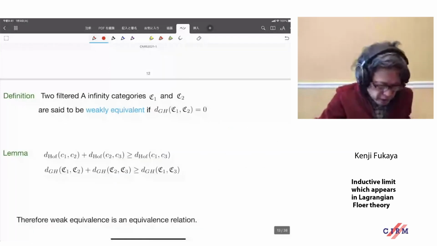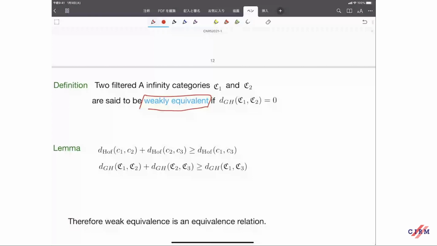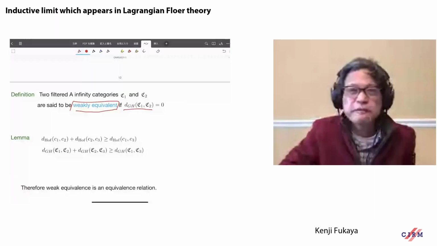And the next thing is that I want to explain weak equivalence. I say that there exists some infinity categories, but it is not completely well defined. It is well defined with respect to weak equivalence. And the definition of weak equivalence is that if the Gromov-Hausdorff distance of these two categories is 0, then they are weakly equivalent.